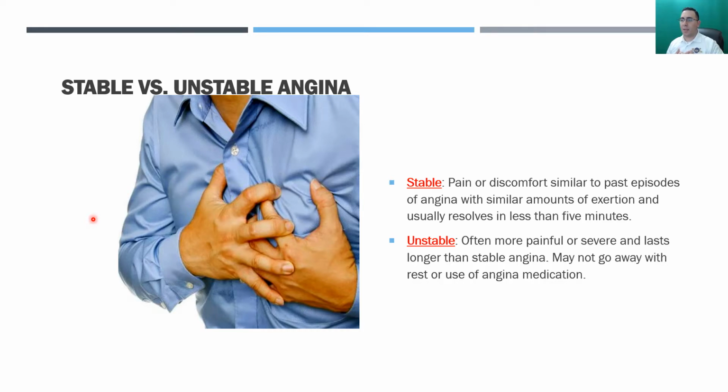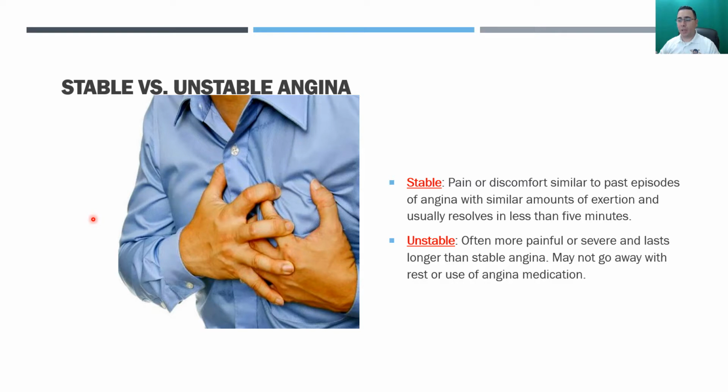And this stable one usually happens when the patient is doing any type of activity where the heart requires more oxygen, right? And the patient can tell when this is going to happen. Like they say, hey, every time I walk or every time I jump or I do any type of activity, I start feeling this sensation of oppression on my chest. And as I said before, it's predictable. So the patient can tell when this is going to happen.